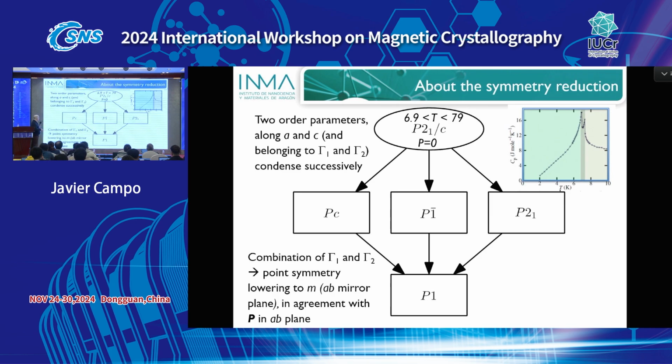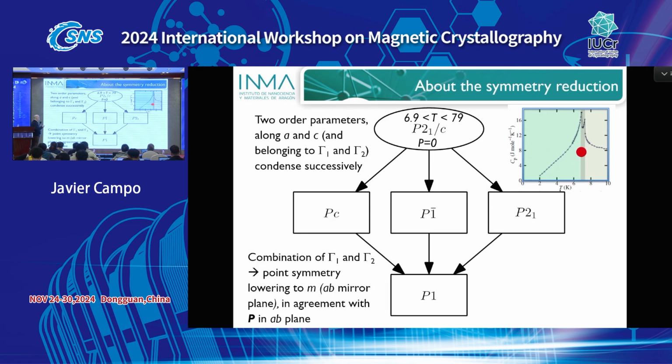And then the first question was, what is happening in the order, which is the magnetic space group in the ordered phase at low temperatures here, and also which is the symmetry in this very narrow region for which it was impossible to determine the magnetic structure.